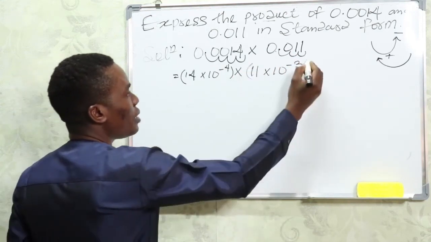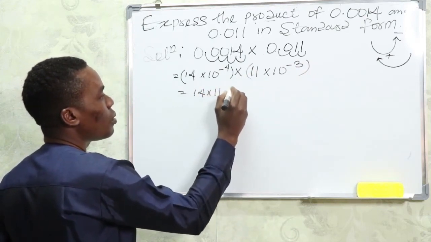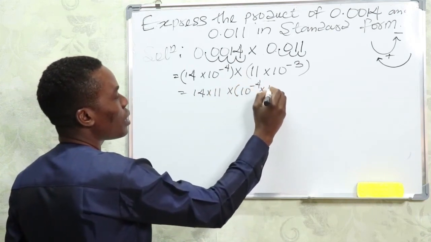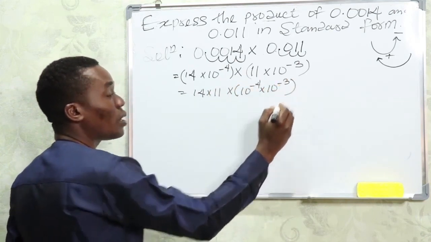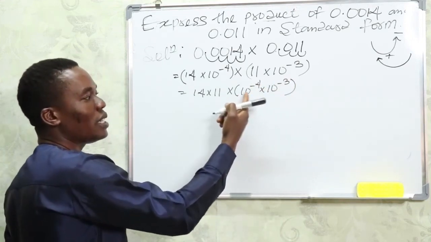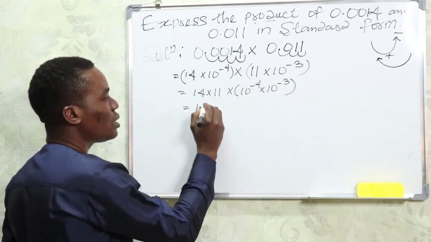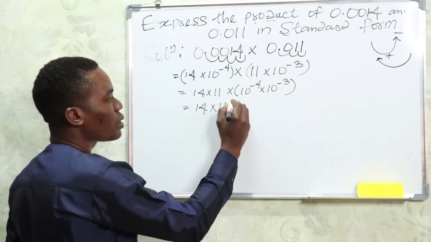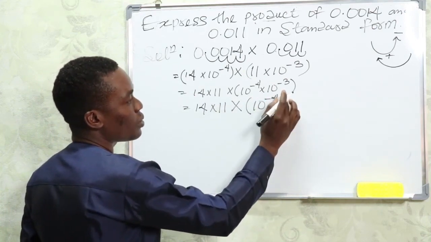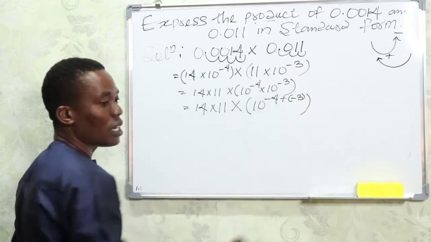Simplifying further, we get 14 times 11 multiplied by 10 raised to power minus 4 times 10 raised to power minus 3. Now, looking at the product law of indices, same base, the powers will be added. So that will give us 14 times 11 multiplied by 10 raised to power minus 4 plus minus 3.